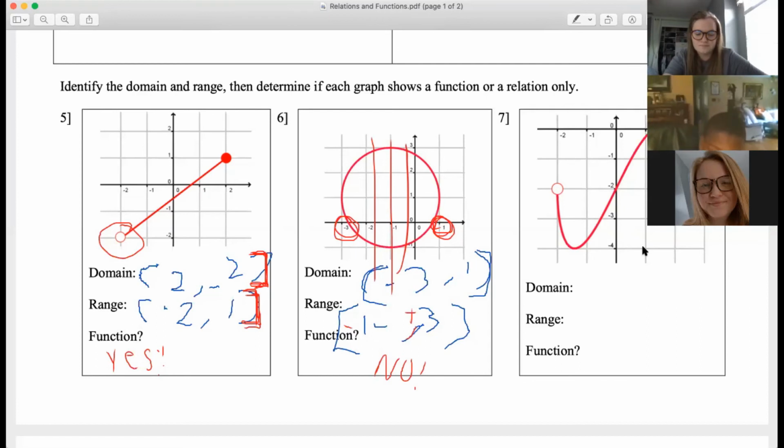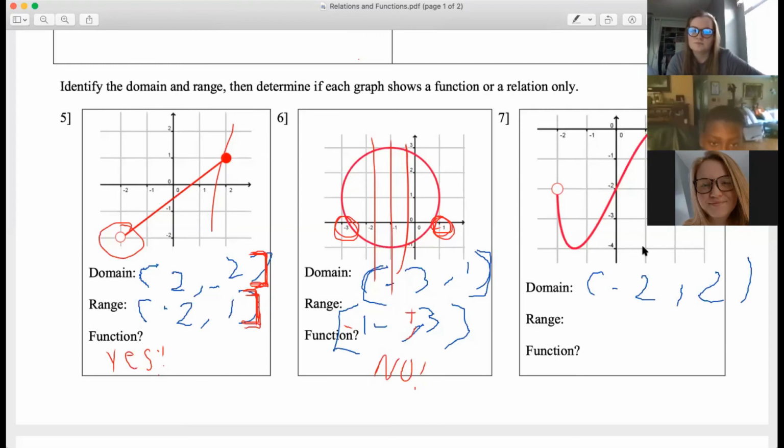The domain would be negative 2 and 2. Yep, good. Both with parentheses because it's not inclusive. Awesome. All right, let's go and look at the range.